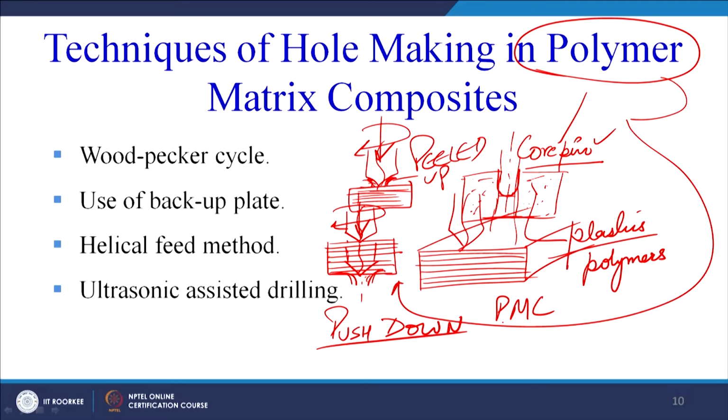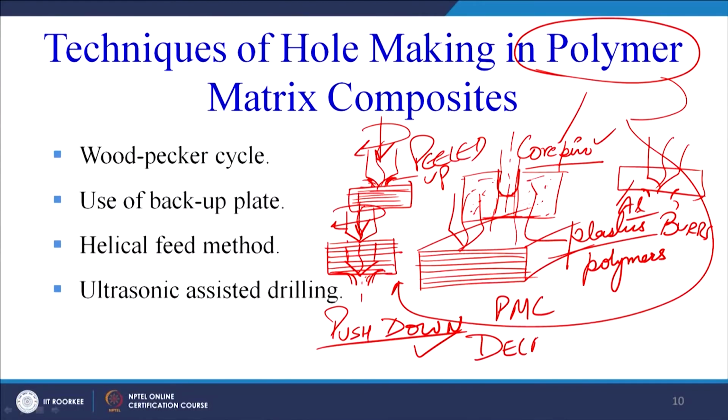So we can have a peel up type of delamination, and a push down type of delamination. Even if we are making a hole in an aluminum plate, there are chances of formation of different types of burrs. So burr formation is also an issue in metals. Similarly, in polymers and polymer composites there are chances of delamination. In polymers we can call it a burr.